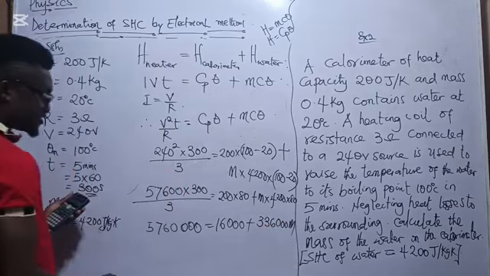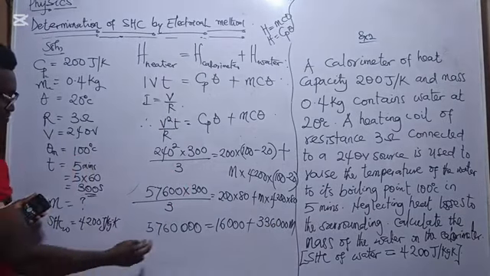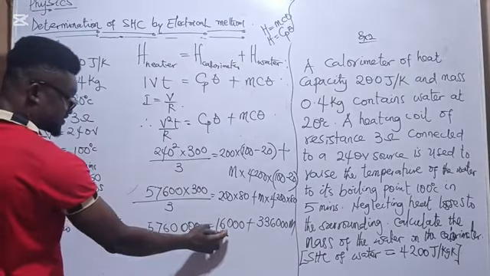That gives 336,000 M. So in order to get the value of M, the 16,000 will cross over.